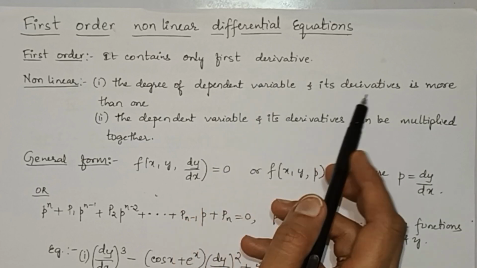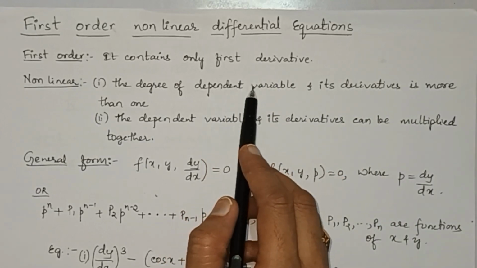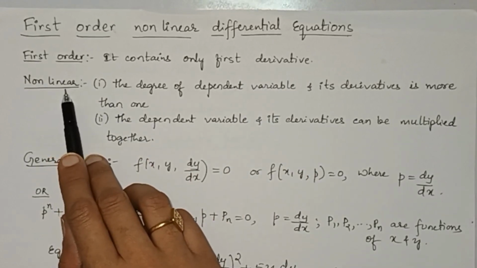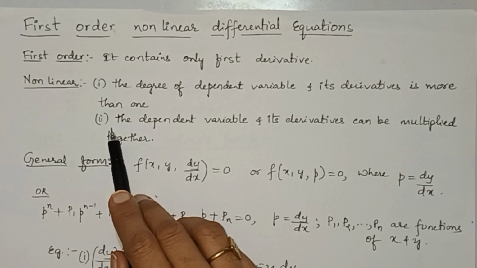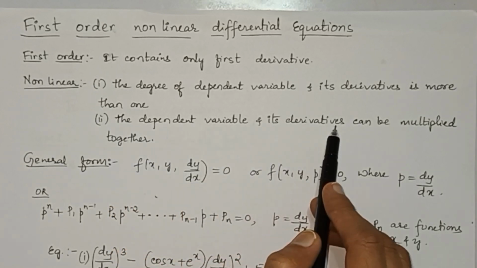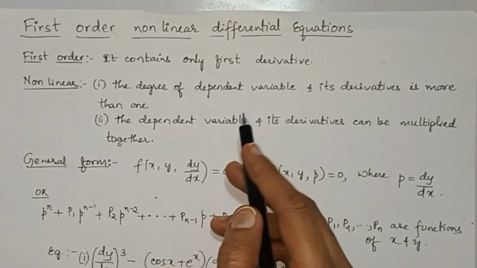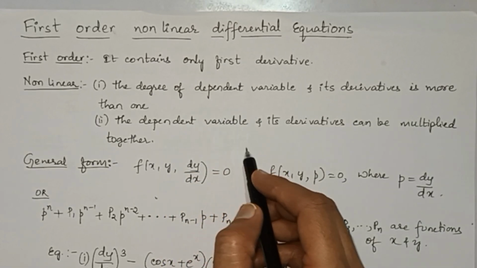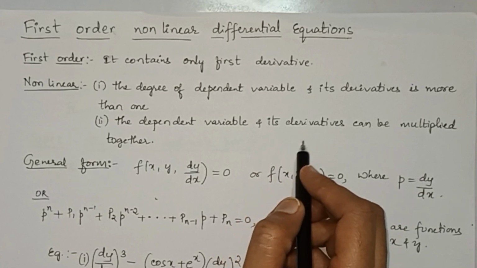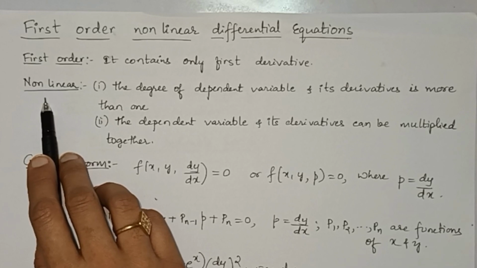If the degree of the derivative or the dependent variable y is more than 1, then it is nonlinear. Another condition for nonlinearity is that the dependent variable and its derivatives are multiplied together. So you can have the product y into dy by dx or y square into dy by dx. In that case, we call the given equation nonlinear.